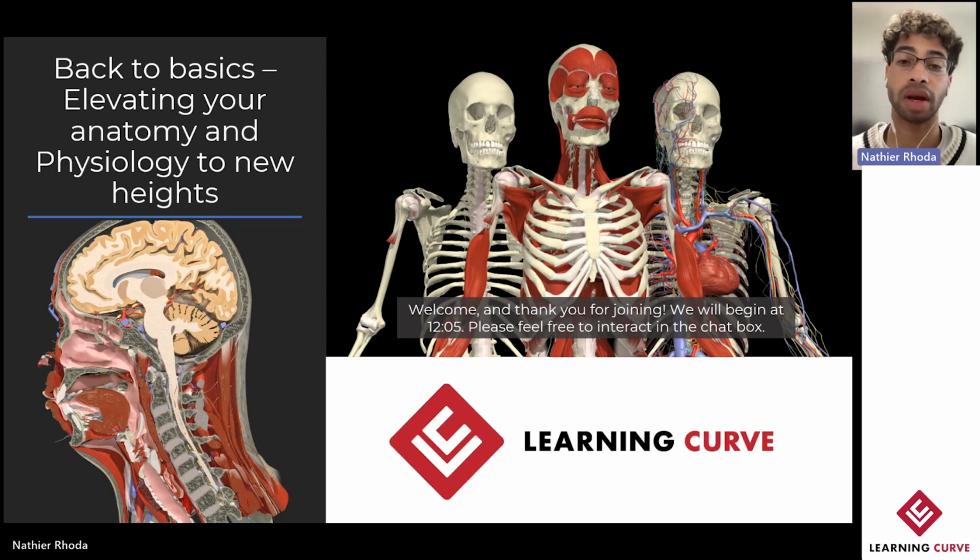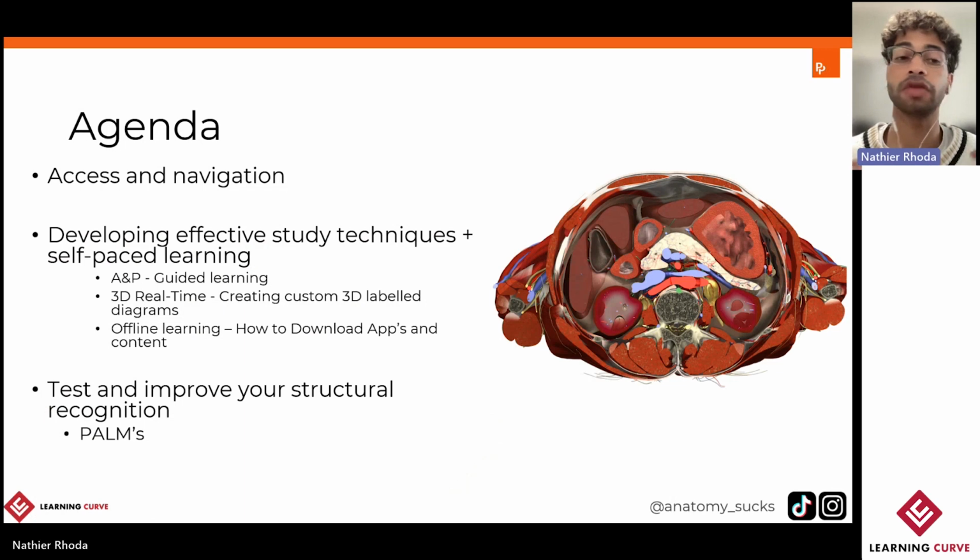And that's why with today's little Back to Basics webinar, we'll take a look at how to use Primal to both take control of your own learning, as well as how to elevate your anatomy and physiology knowledge. Now, basically on the agenda for today, we'll keep things pretty simple by taking a look at how to access and navigate the platform as a web-based application. We'll then touch on how to develop some effective study strategies, as well as how to make use of these various self-paced learning activities.